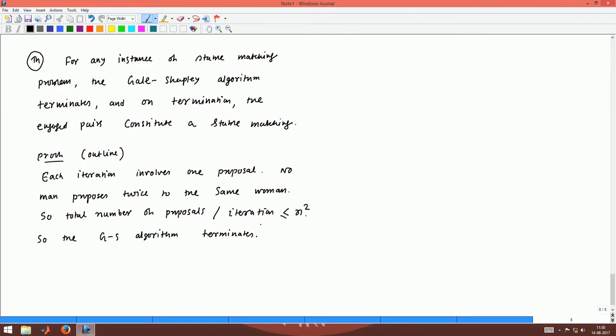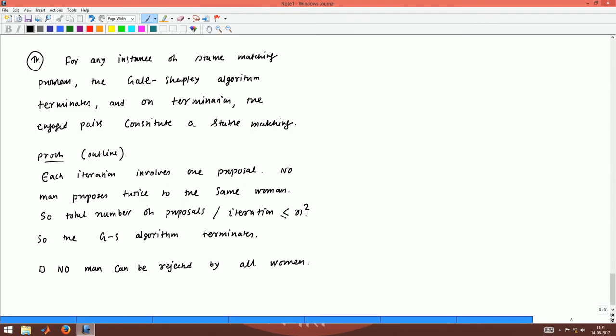Okay, so this is the end of the first part of the proof that the Gale-Shapley algorithm terminates, and the second part is that on termination the engaged pairs constitute a stable matching. First of all, this is an observation: no man can be rejected by all women.